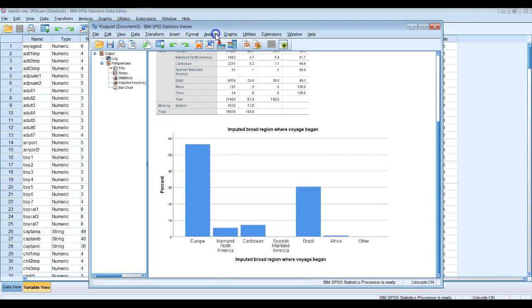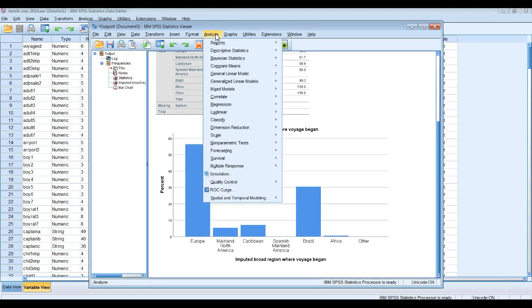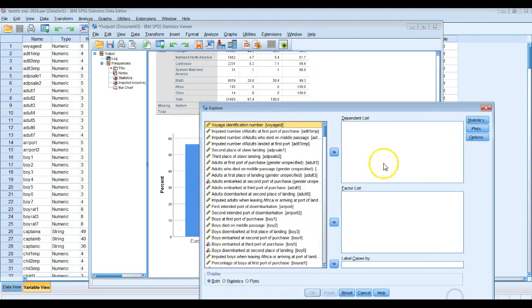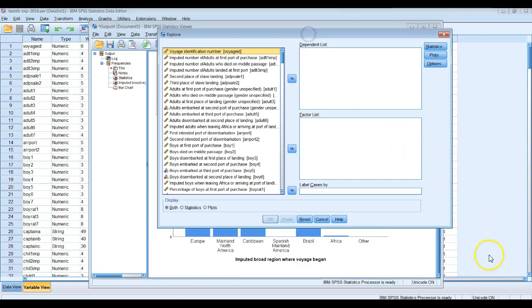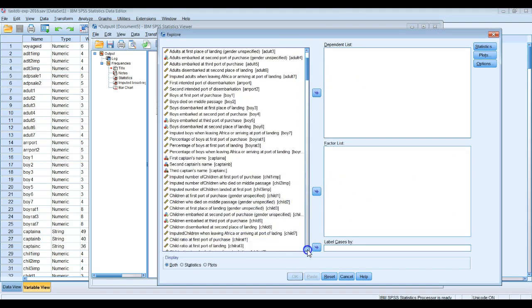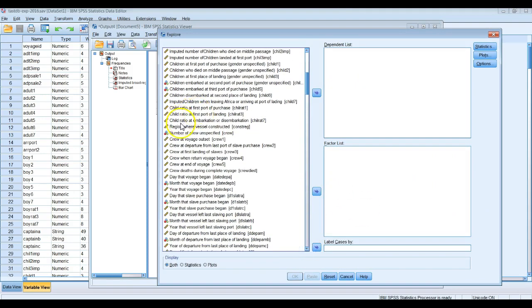Now let's look at what you're going to do with the quantitative variables. So go to Analyze, Descriptive Statistics, and then go to Explore. Now you can make this window bigger to make it easier to deal with. And let's just pick one of the variables on the list.